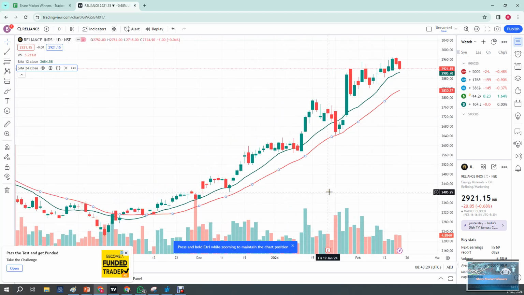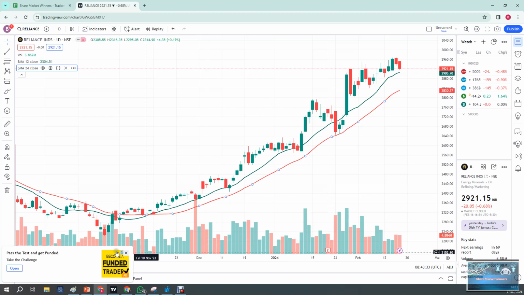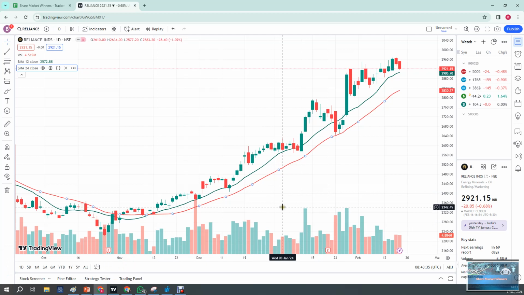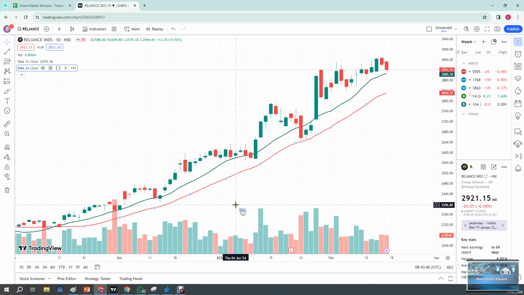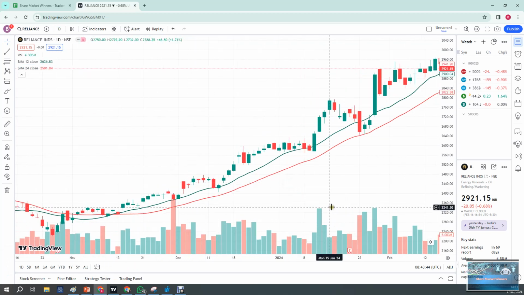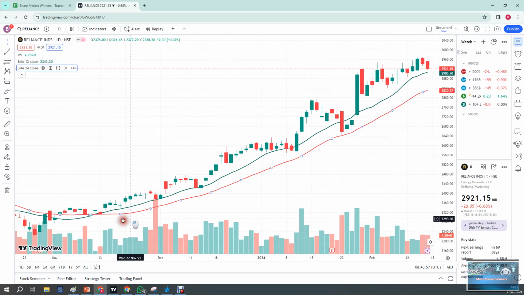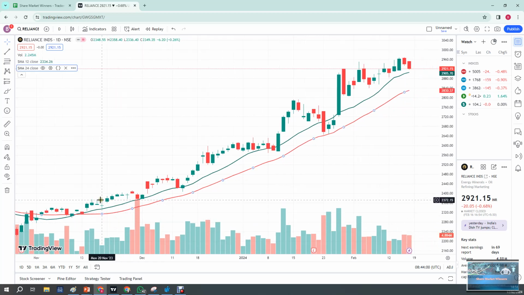Okay, so for simple or new traders, this is sufficient to understand how the indication goes. If you look at a day candle for Reliance, you can see there is a crossover of the 24 moving average by the 12 moving average, which indicates that the candles are well above it, and it has started moving in an uptrend.